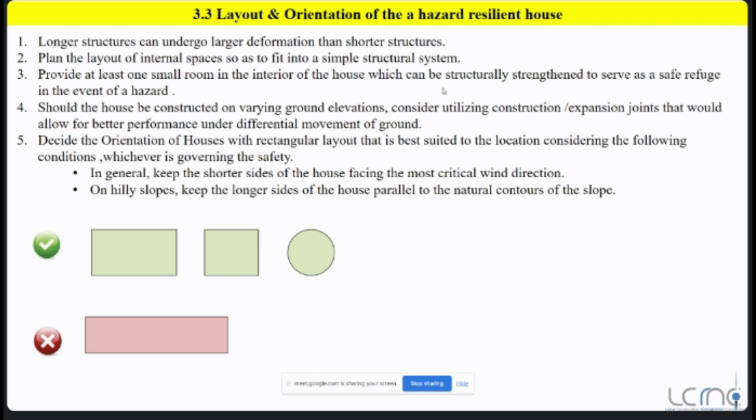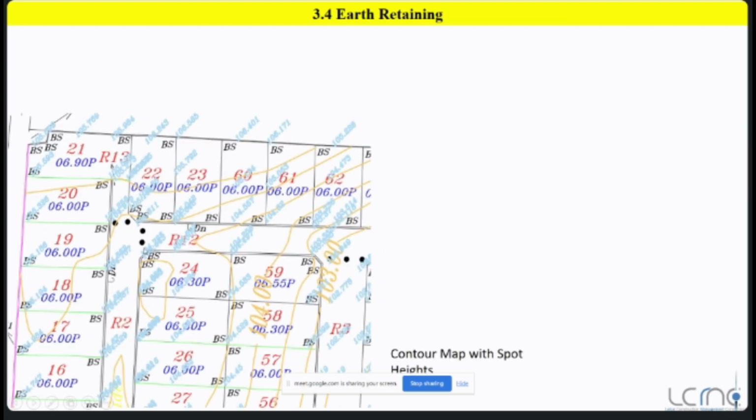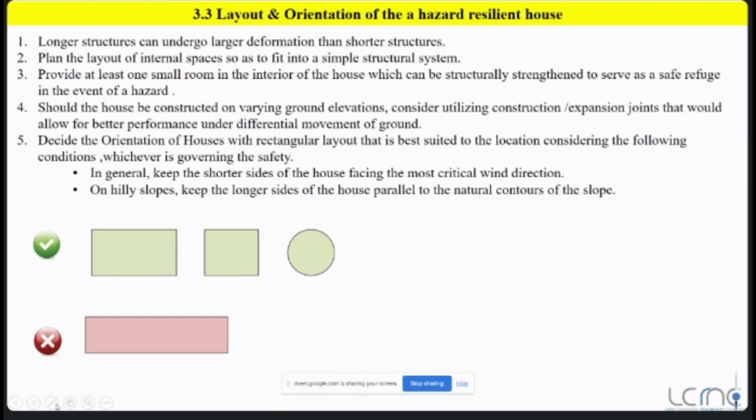That is that. Number four, should the house be constructed on varying ground elevations? Normally, if there is a varying ground elevation, for example, if I draw like this, and you construct a house on this kind of land, now this is your house.